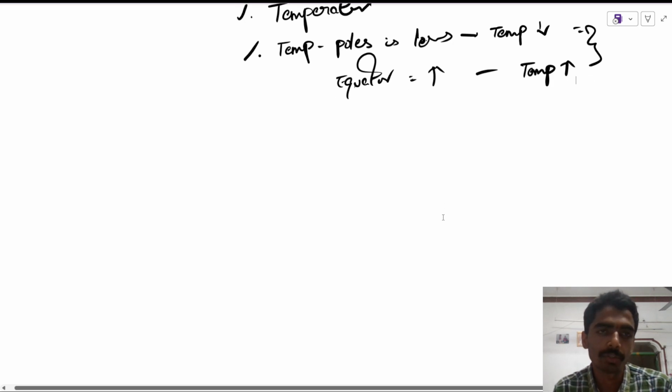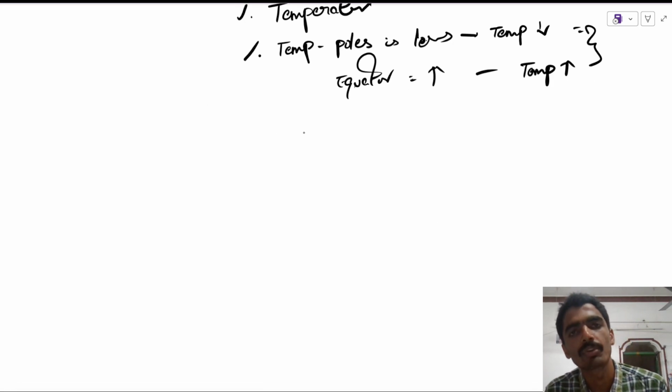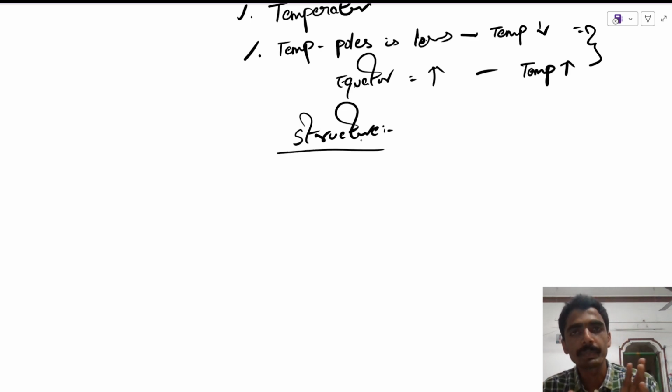Then coming to the structure, previously we discussed the composition of atmosphere. Now talking about structure. The atmosphere has layers, so the structure deals with the layers of atmosphere.